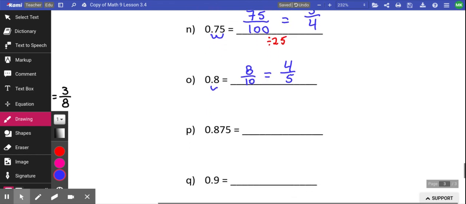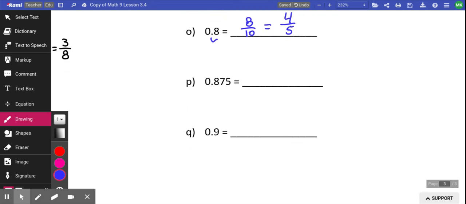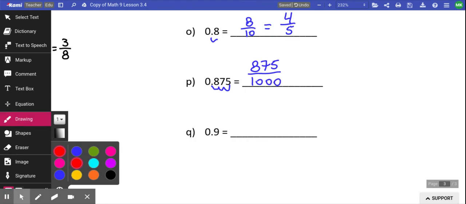The last one, second last one. Probably the ugliest one. 0.875. I'm going to move it 3 to the right. 875/1000. And then I'm going to divide by 25s. 875 divided by 25 isn't a good one.